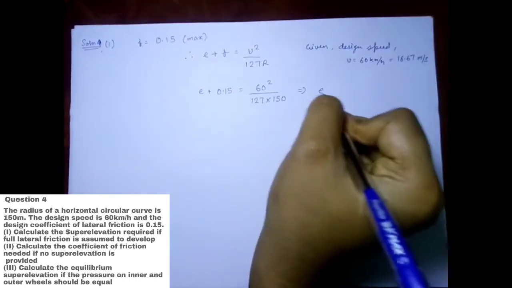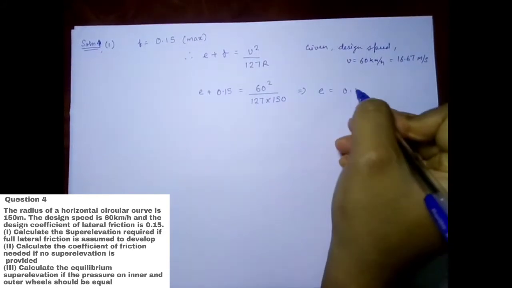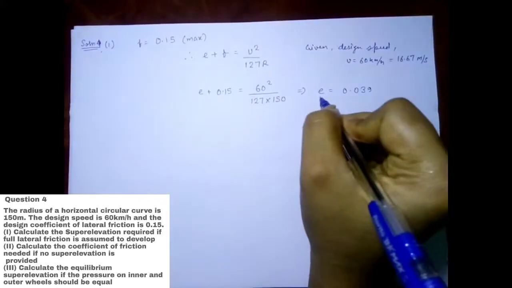So therefore we get e is equal to 0.039.